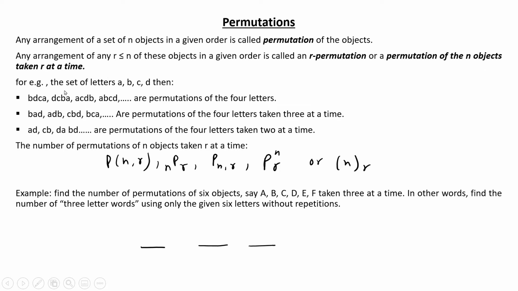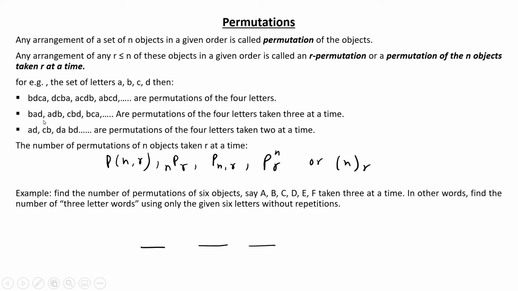So for example, we have the set which has the four letters A, B, C, D. Then BDCA, DCBA, ACDB, ABCD and so on are permutations of the four letters. So order is countable here. BDCA and DCBA are different.